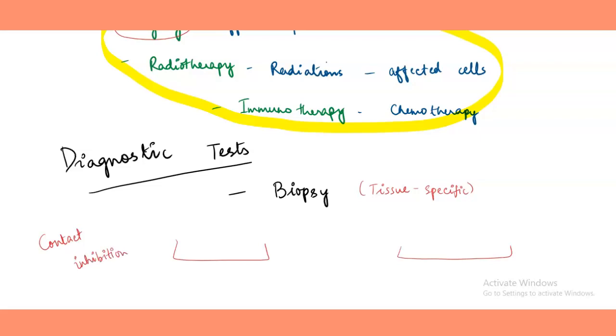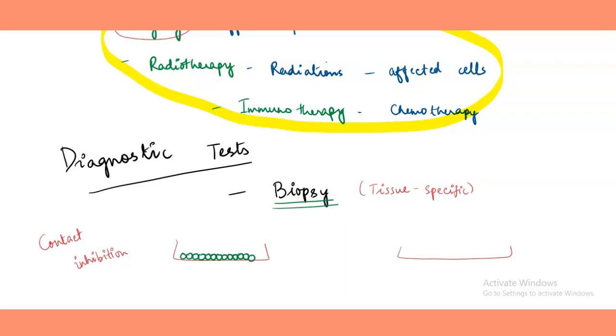Contact inhibition means as soon as they come in contact with the surface, they stop dividing. But cancerous cells don't show this property of contact inhibition, and that's why it can be tested through a biopsy test. Suppose a tissue is taken and this tissue is grown in a nutrient medium. That means we have cultured it for a few days.